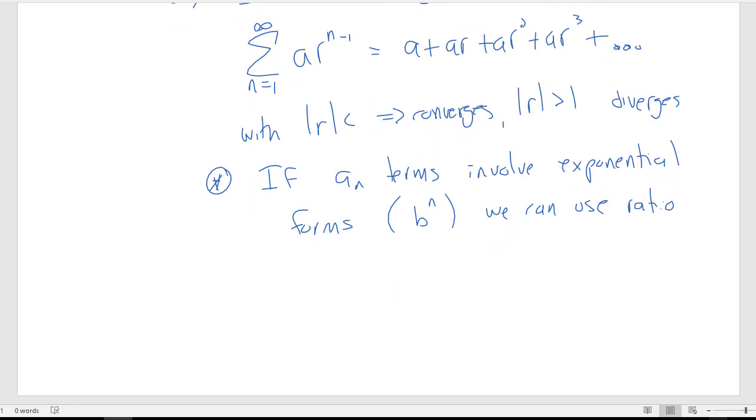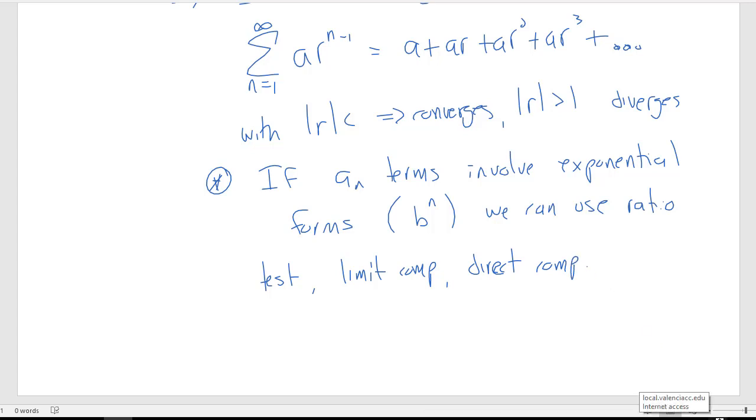We could also use the limit comparison or the direct comparison. Those would typically be the best approaches there.